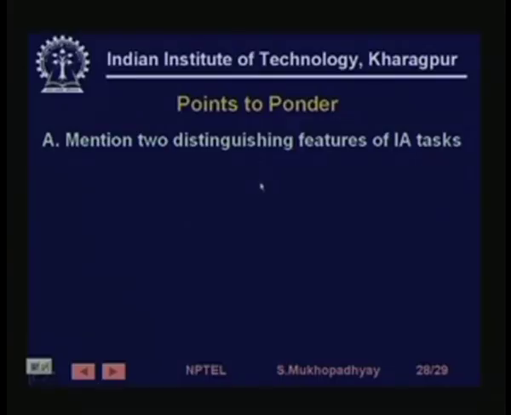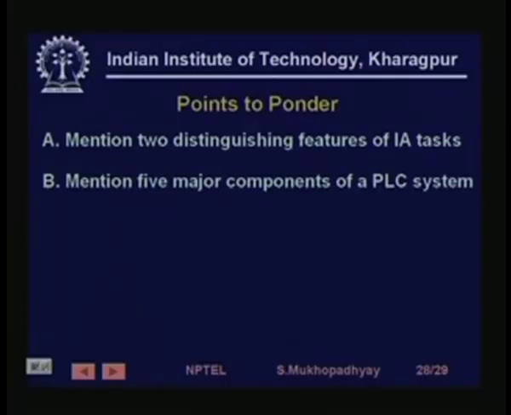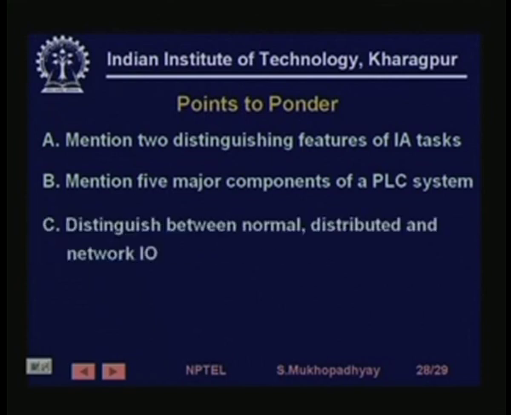Think whether you can mention two distinguishing features of industrial automation tasks compared to, let us say, a task in a bank, which are also computational tasks which also communicate. Mention 5 major components of a PLC system. We have mentioned more than 5, so you should be able to mention 5, and distinguish between normal, distributed, and networked I/O. So here we end today. Thank you very much. We will meet again.